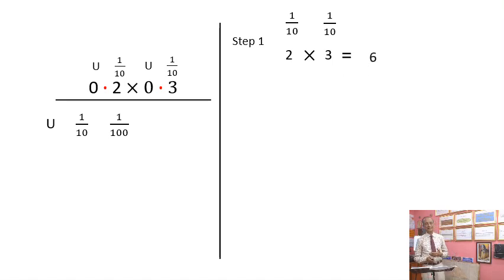But we have to know the place value of the digit 6. For that, 1/10 into 1/10 is equal to 1/100. Correct? So 6 is actually in 1/100th place. So let us write that 6 below 1/100.